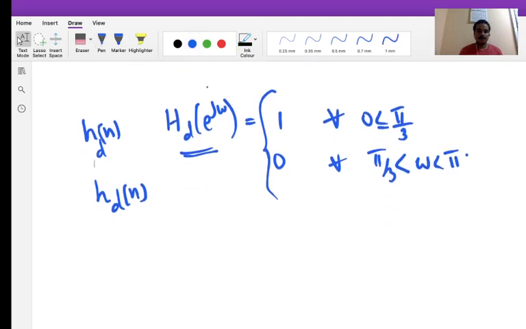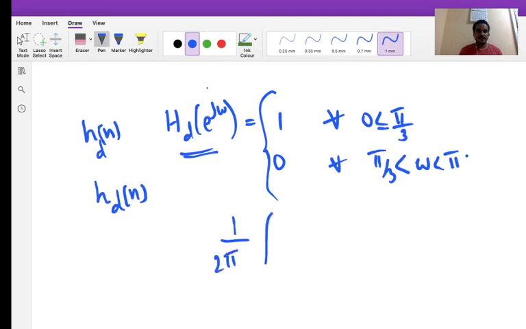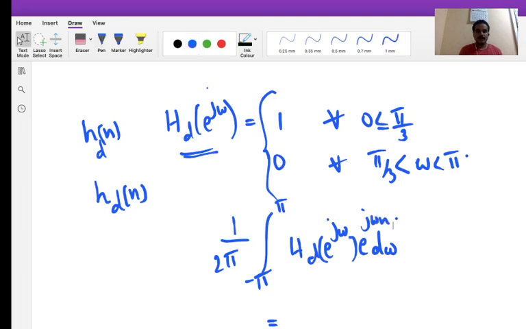So let us take the inverse transform, 1 by 2 pi integral from minus pi to pi or 0 to 2 pi of H_d(e^{j omega}) e raised to j omega n d omega. H_d(e^{j omega}) is basically 1, so you substitute it here.